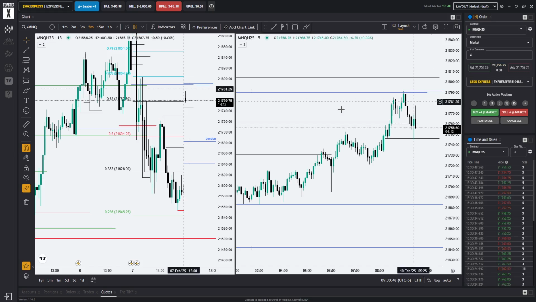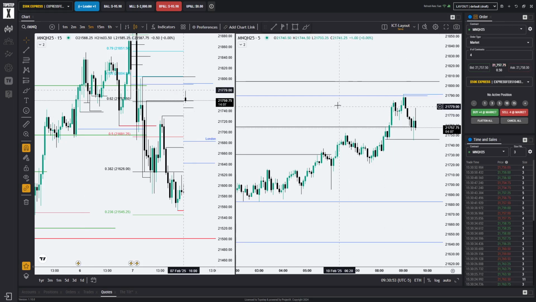We are opening up. ES is already falling. Okay, coming back up as well. Let's see if they're going to take that overnight high, which is up here.